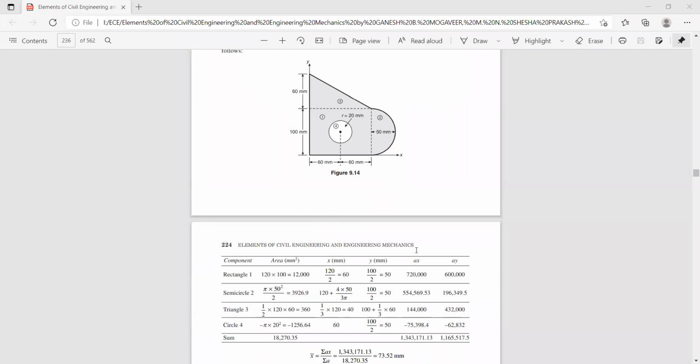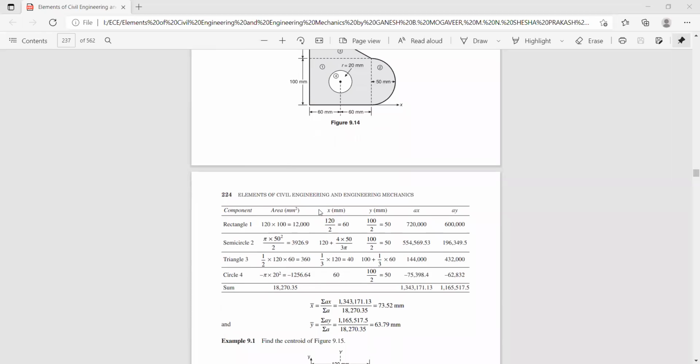Now let us check the values of x1, y1. So the coordinates x1, x2, x3, x4, and the coordinates y1, y2, y3, y4. In some cases you can also use this method, where you have a tabular column of all the values.